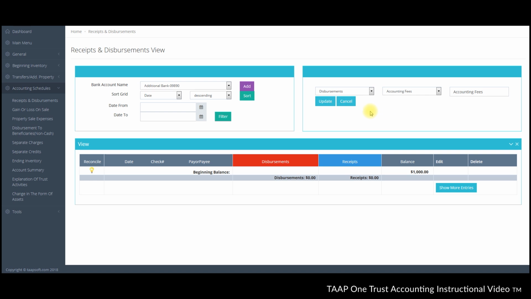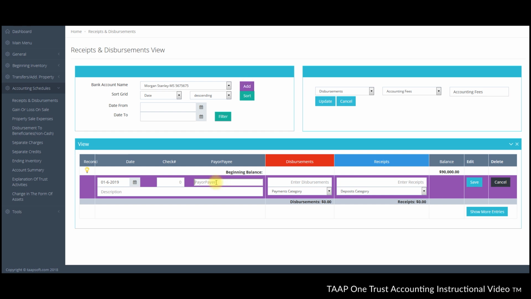So what I'm going to do is move $25,000 from my Morgan Stanley cash account, okay, over to our additional bank account. So I'm going to just note this as a transfer, and 25,000, and that's going to be transfer to additional account.